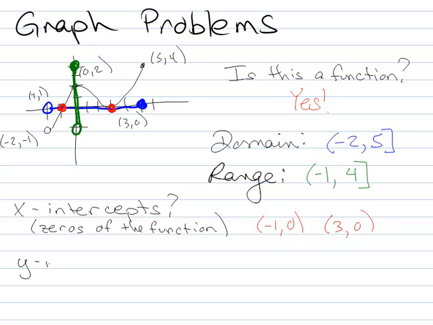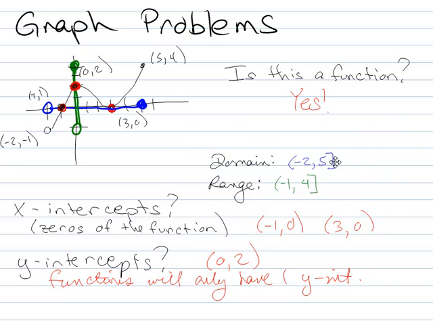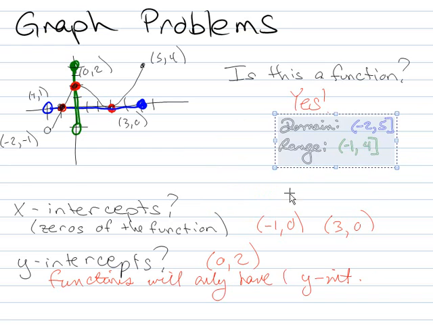Now my y-intercepts, so where does it hit the y-axis? Functions are only going to have one y-intercept, and this one happens to be 0, 2. So you might put that down. This is just kind of a hint. Functions will only have one y-intercept. And this is, again, going to get in the way, so I really want you to be able to see the graph while we're doing these problems.